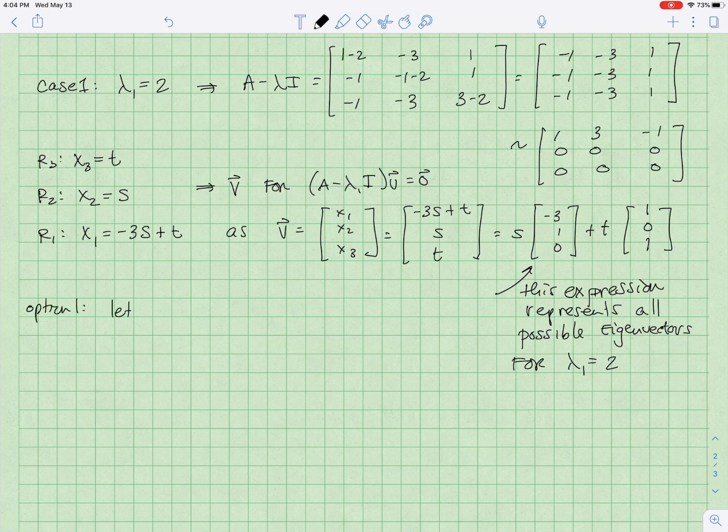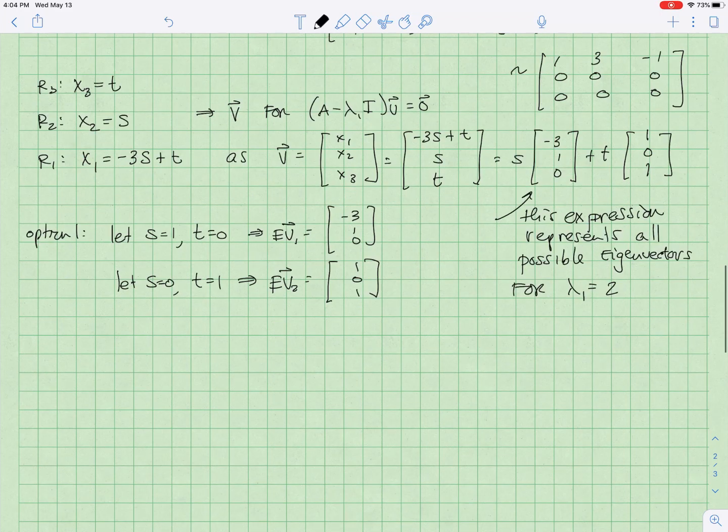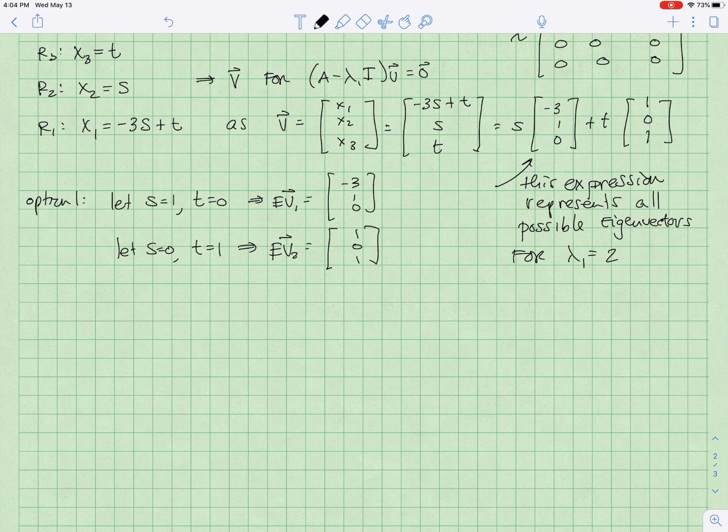We can let first s equal 1 and then t equals 0, and that'll give us our eigenvector 1, which is equal to negative 3, 1, 0. We could let s equal 0 and t equal 1, and this would give us a second eigenvector for this eigenvalue, and that would be 1, 0, 1. And then we could say that eigenspace 1 is the span of these two vectors, negative 3, 1, 0 and 1, 0, 1.